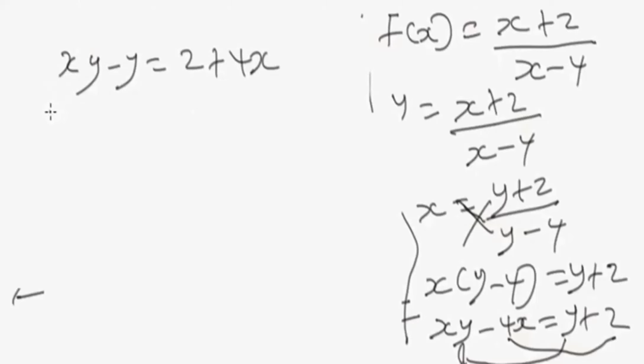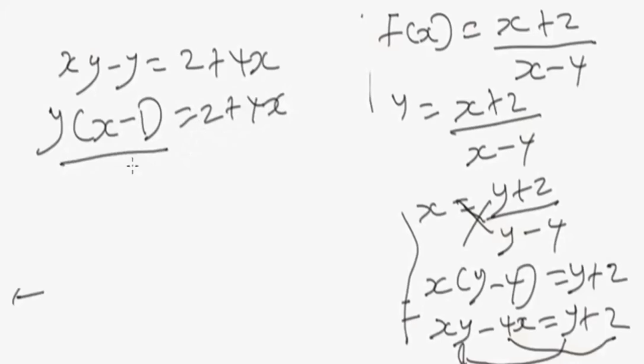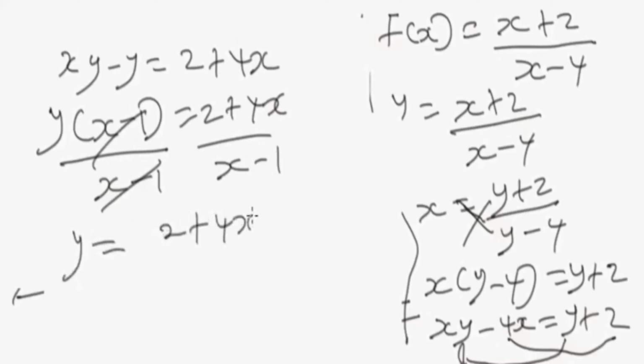If you factorize, you're going to have y in bracket x minus 1 equals 2 plus 4x. Once you do this, you divide both sides by x minus 1 to make y the subject of the formula. The inverse function will be y equals 2 plus 4x over x minus 1. So this will be the inverse function. It is as simple as that.